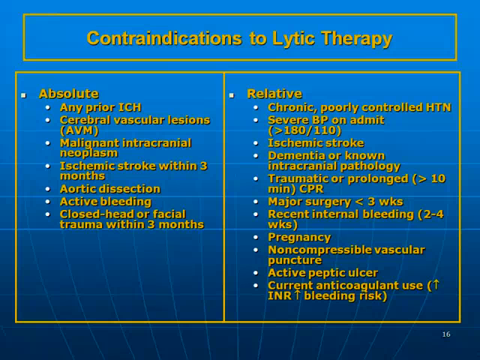And then, if they are going to get lytic, you have these basically on a checklist. Because you should be able to get through this checklist very rapidly, 5 minutes, 10 minutes, and still get lytic started within that 30-minute door-to-needle time. So it's better served to have this written down rather than trying to memorize this and commit it to memory.